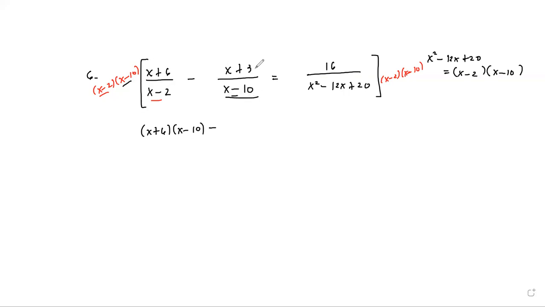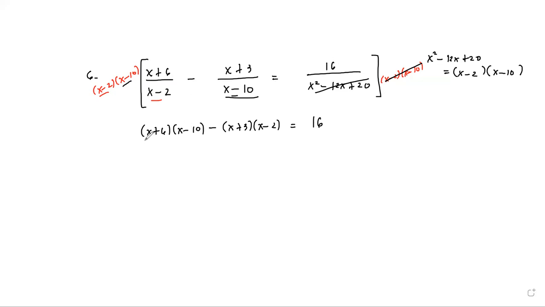And x plus 3 will be multiplied to x minus 2. And then for the right side, since the denominator here is the same as x minus 2 times x minus 10, those will just cancel out. So the remaining quantity at the right side is 16.